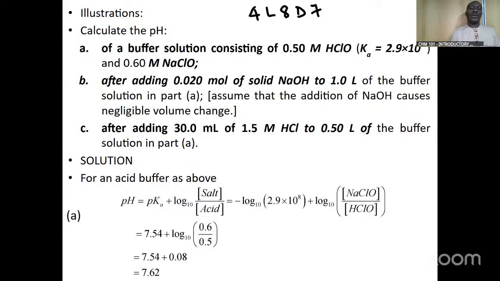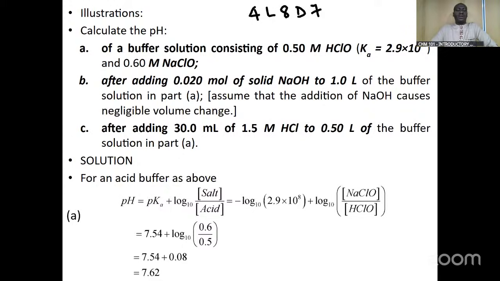All right. So we are looking at this question. Calculate the pH of a buffer solution consisting of 0.50 molar HClO. The acid dissociation constant is 2.9 times 10 to the power of minus 8. It's a weak acid indeed. And 0.60 molar NaClO.